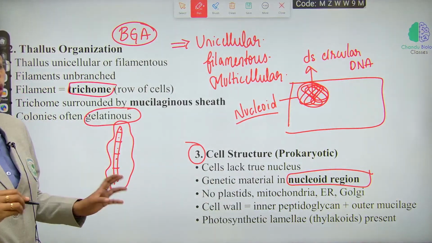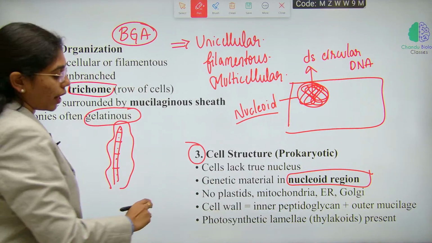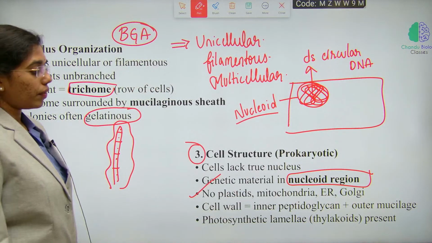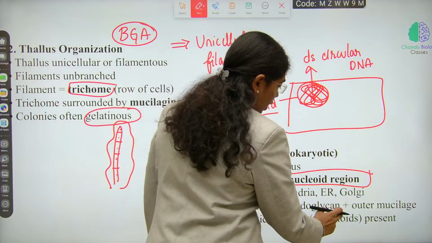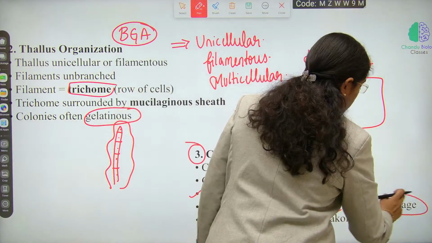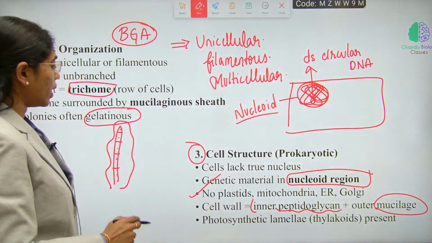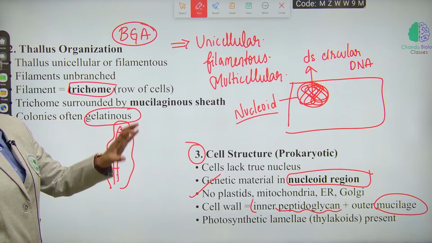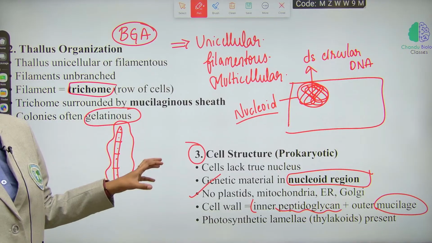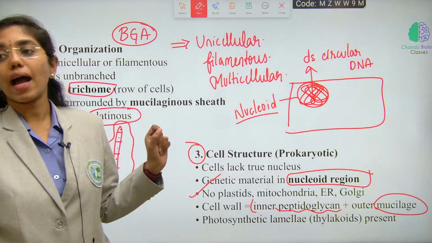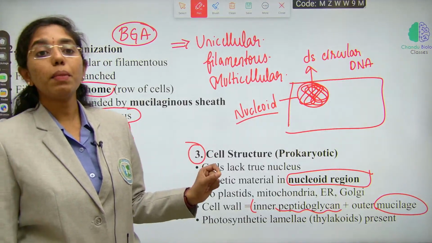There are no plastids, mitochondria, endoplasmic reticulum or Golgi bodies here. In the cell wall, the inner layer is made up of peptidoglycan, which is surrounded by a mucilaginous sheath. Photosynthetic lamellae, thylakoids, are present inside, in which the pigments are present.